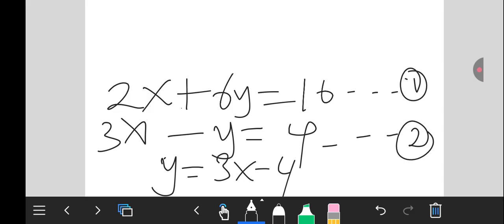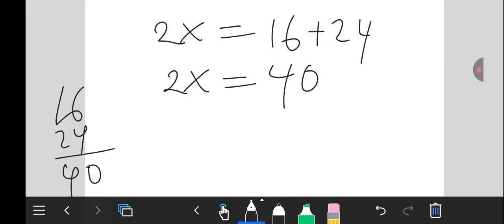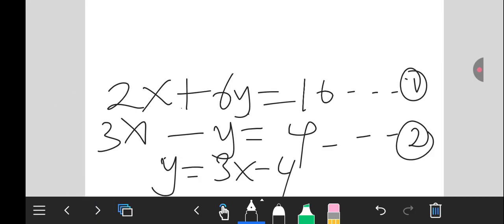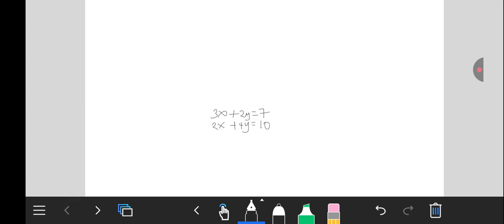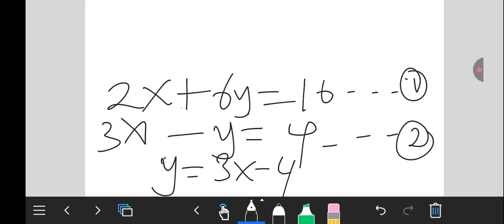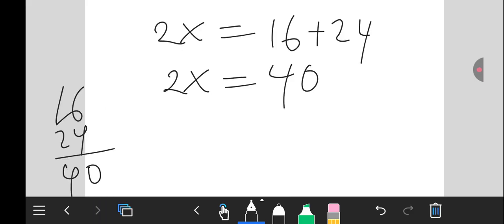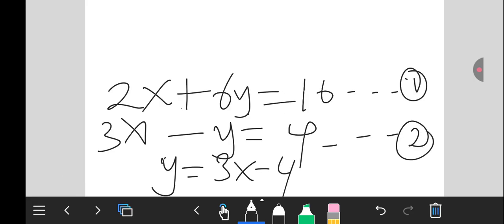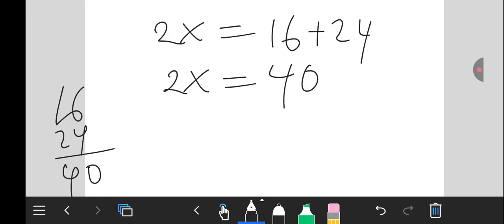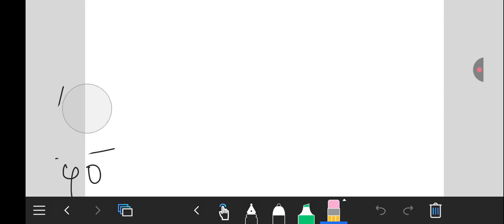So we have 2x plus, where there's y, 6 times 3x, that is 18x, minus 24. We are supposed to have 18x somewhere. Why don't we have 18x? Okay, let me just rub this and redo it.